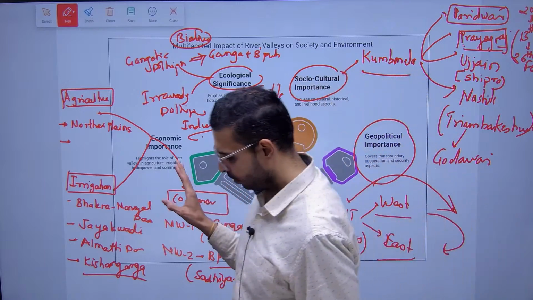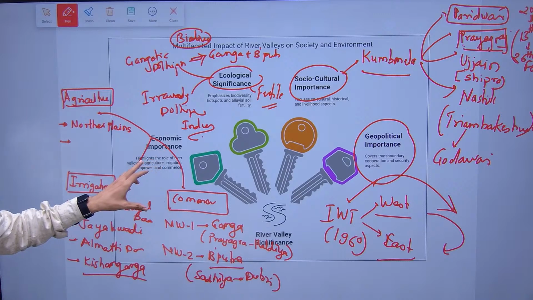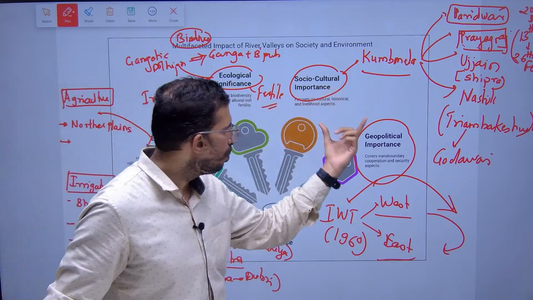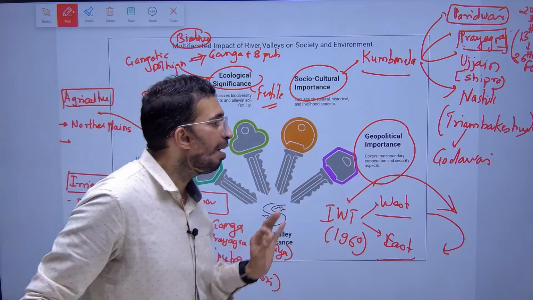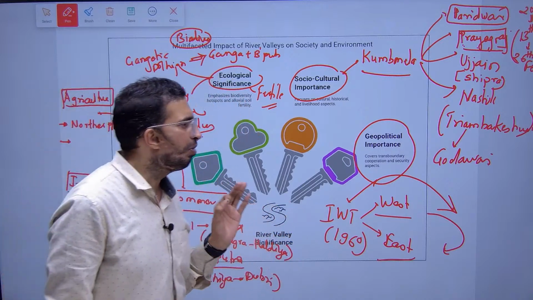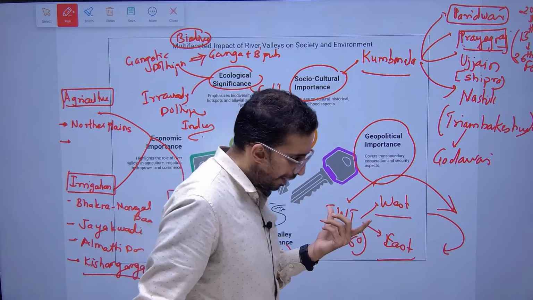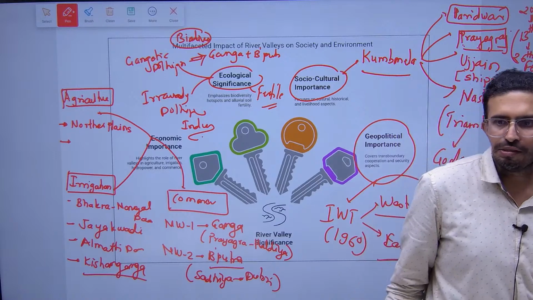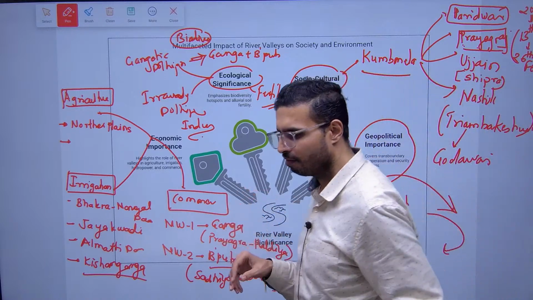If we see, just write down the points like economic importance, ecological significance, socio-cultural importance, geopolitical importance, and we have given just examples of how to induce the points in your answer. So I am expecting you to write down the questions given as homework, and don't write the general answers.